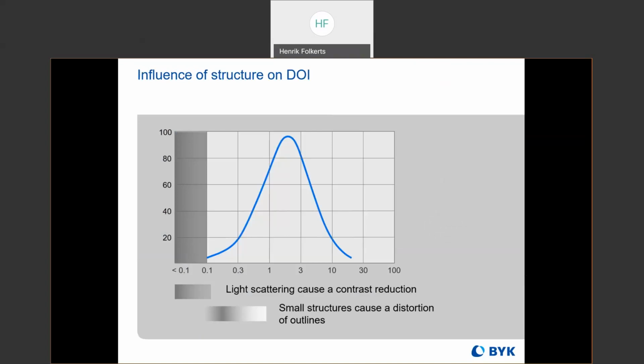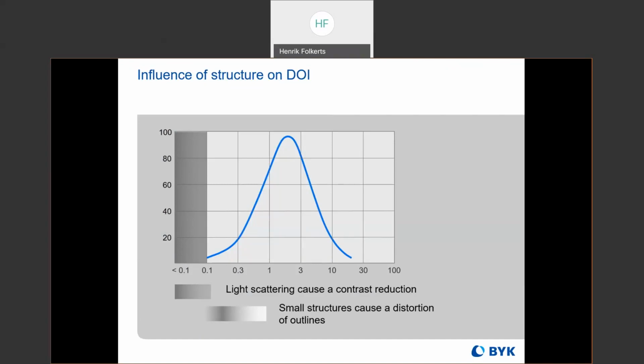We have light scattering, which is causing a contrast reduction, and that's being caused by very fine microstructures less than 0.1 millimeters. Then we have the smaller structures between about 0.1 and 1 millimeter, and those are causing a distortion of the outline.